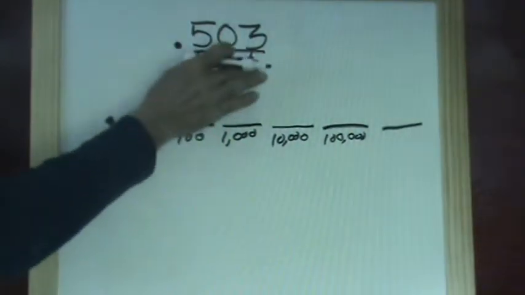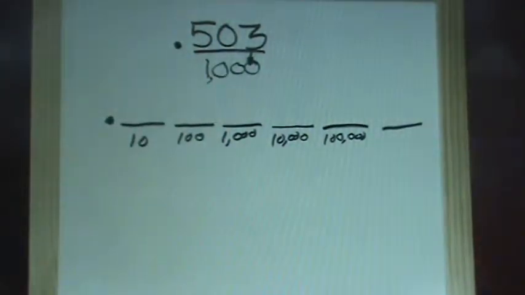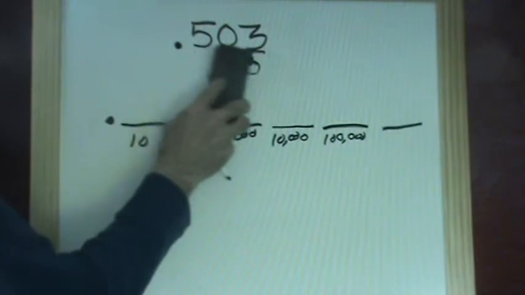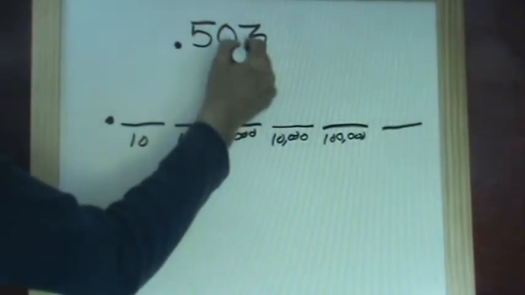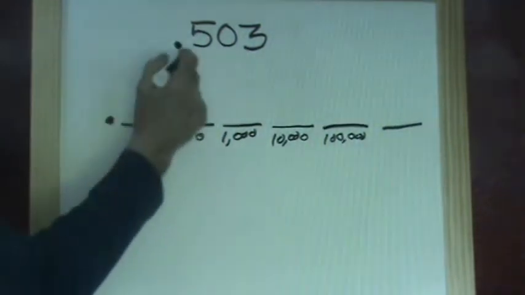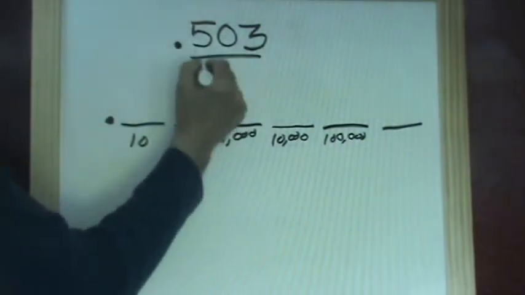So if we were to write the decimal fraction .503, it's really 503 thousandths.